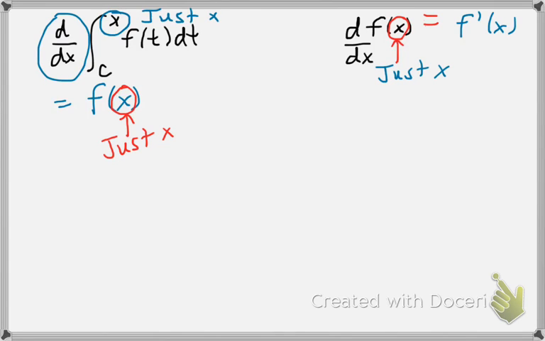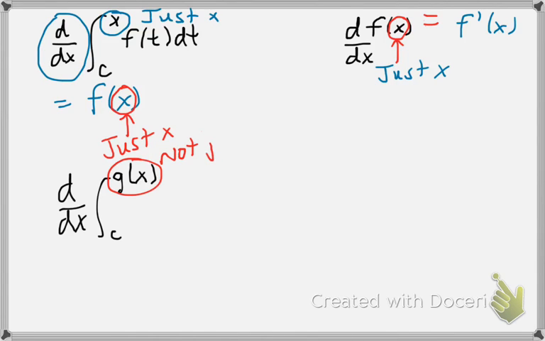So then, if we write another integral expression, and we have the derivative of the integral from some constant to some function of x that's not just x, then we want to use the concept of when we take the derivative of, let's say, f of g of x, a composition of two functions.